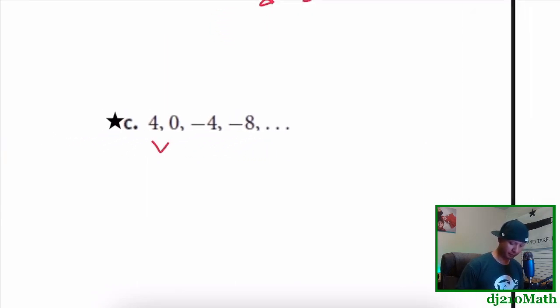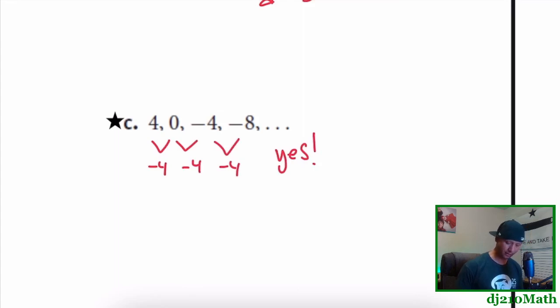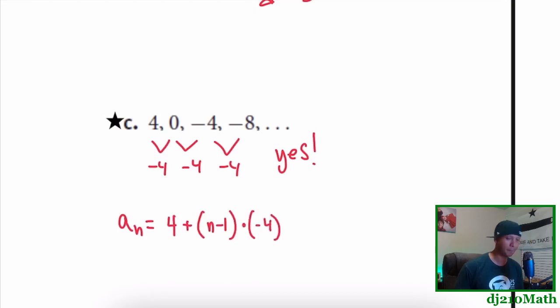Okay, this is going to be minus 4, minus 4, minus 4. So yes, it is. Common difference is negative 4. So the formula for a sub n in terms of n is going to be the first term plus n minus 1 times the common difference of negative 4.